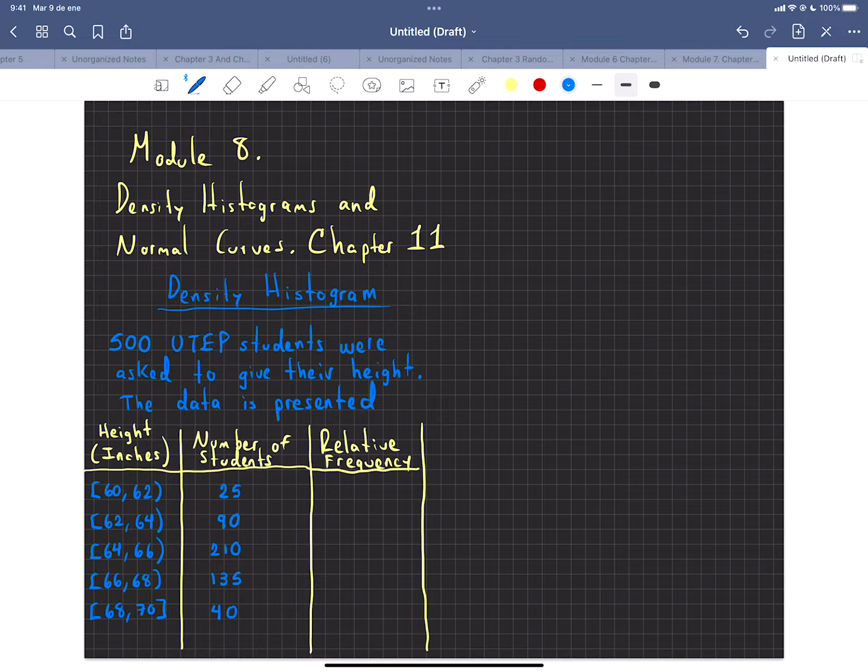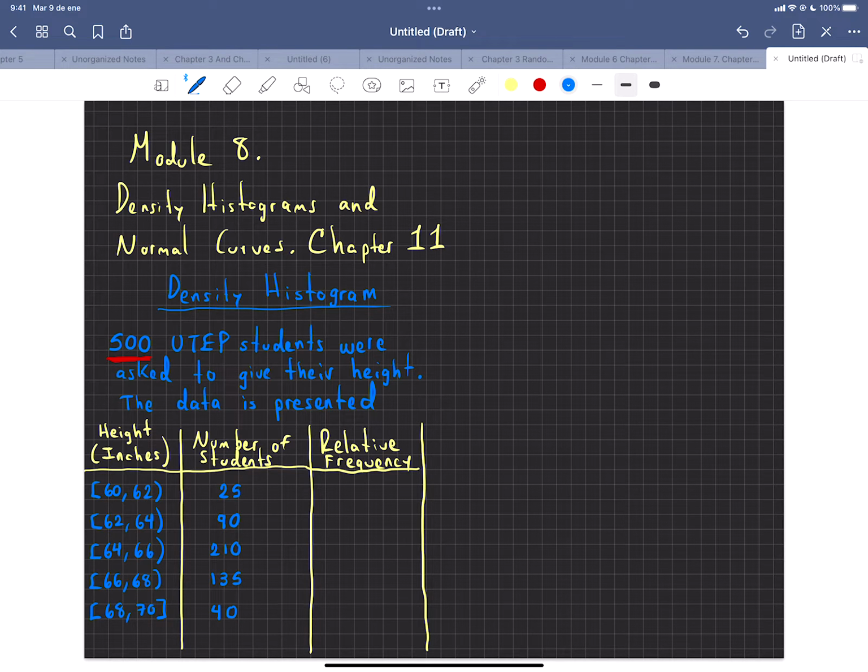How do we create the relative frequency? It's simple. You have to divide the value in every row by the total number of values, in this case 500.